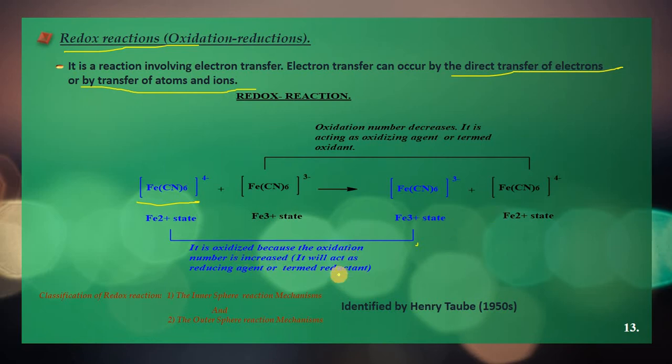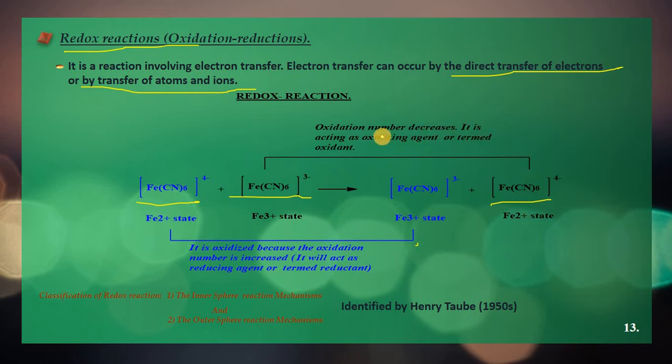So due to that, we call it reductant, because the oxidation number increases and it's undergoing oxidation. Here we notice Fe3+ forms this. But look at this, the oxidation number tends to decrease.